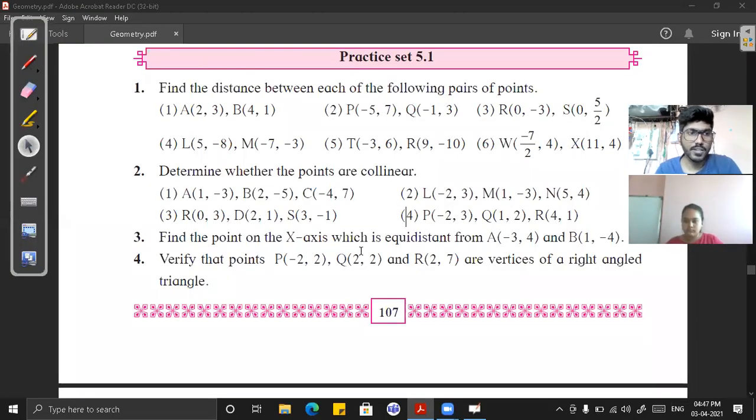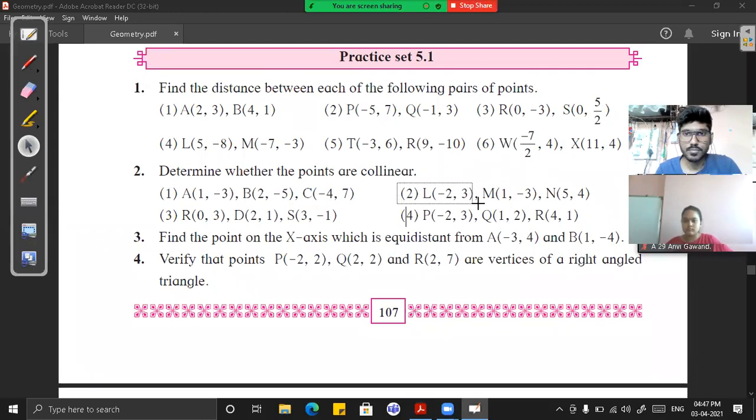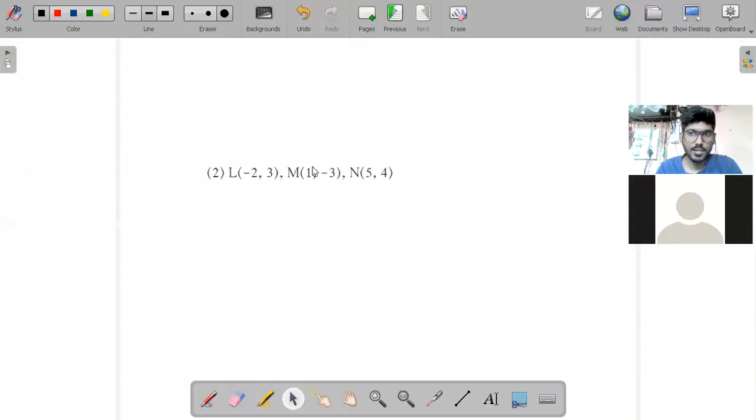Okay, can you do the second one as well? L, M, and N. Yes.